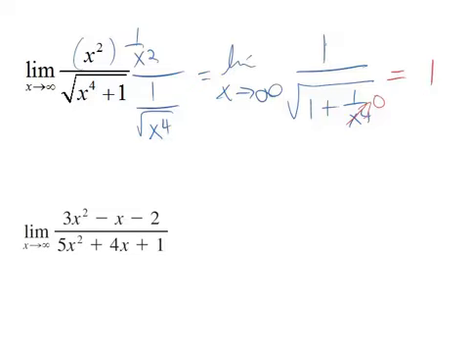Let's look at this last one. We see a rational function again. Looking at numerator and denominator, our highest powered x term is an x squared. So we're going to multiply numerator and denominator by 1 over x squared.